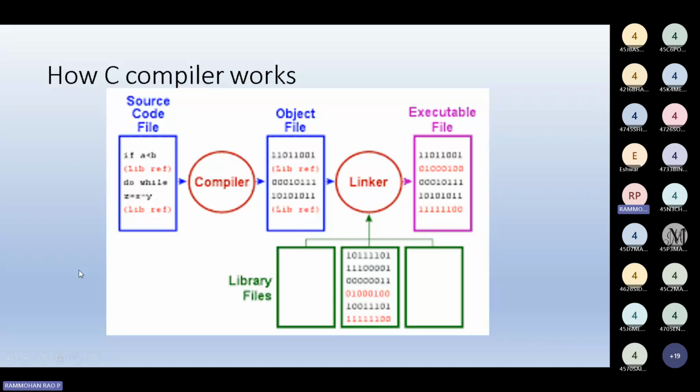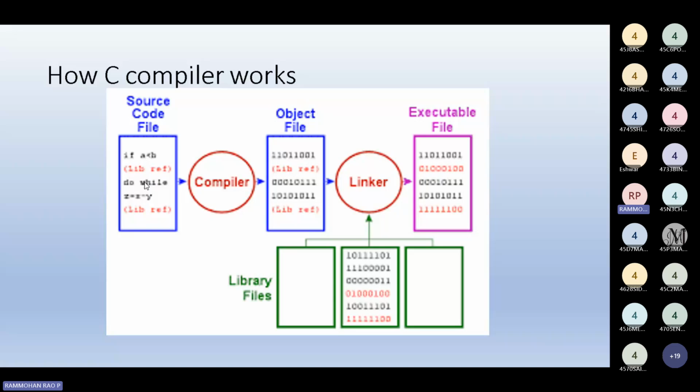So friends, if you observe in this, there is some code written. If A less than B something, then a do while loop. Please observe this one. There is some high level code written. So what is the job of the compiler? Compiler has to check for the syntax, because the way English language has got a grammar, similarly programming languages will also have certain grammar, which we call syntax.